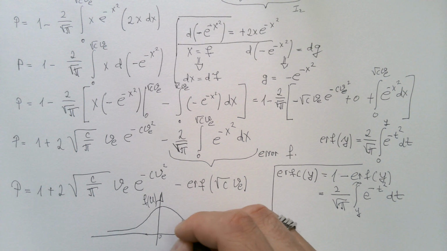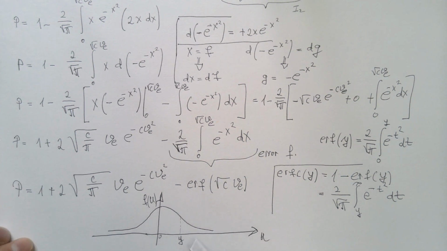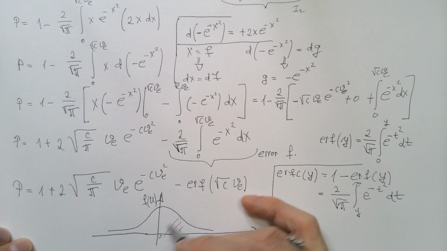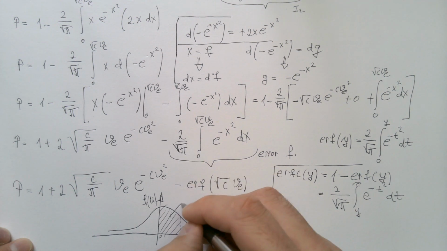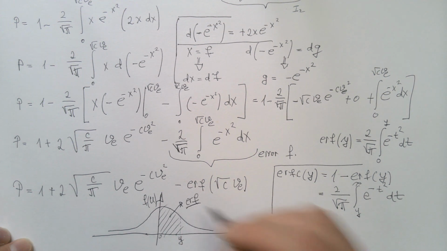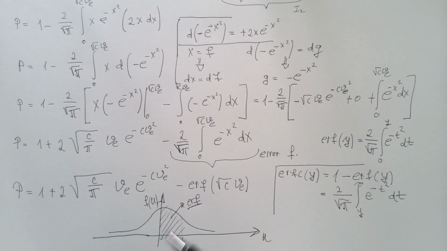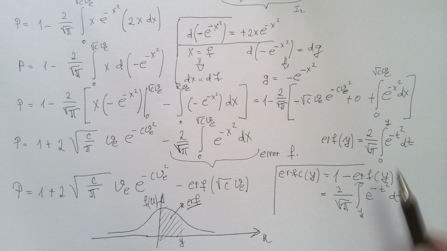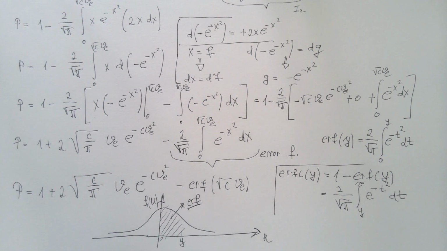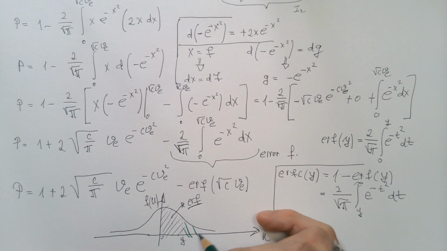So here is 0, and let's say here is my variable y. So this integral over here would be ERF, the error function. And this integral, I told you in a separate video, cannot be solved analytically when this curve is a Gaussian curve. So you can clearly see that the complementary error function would simply be not this, but rather this over here.